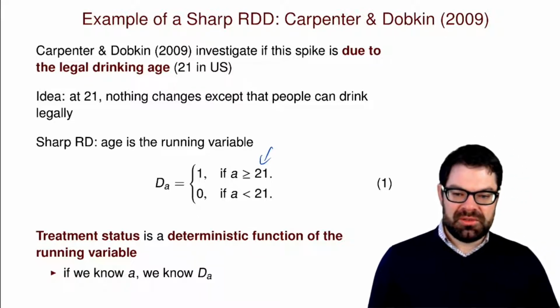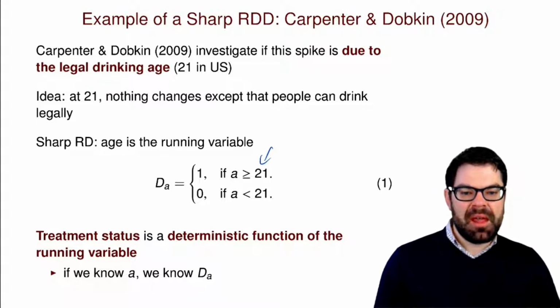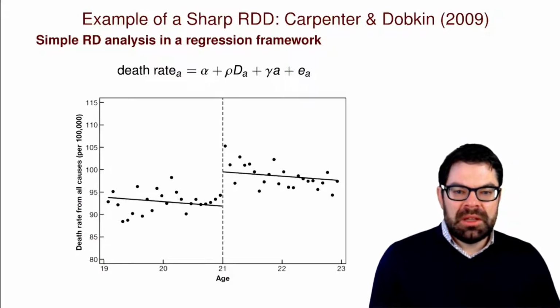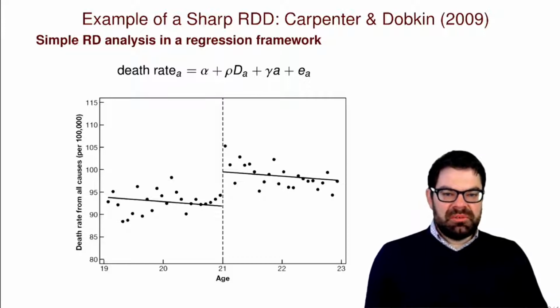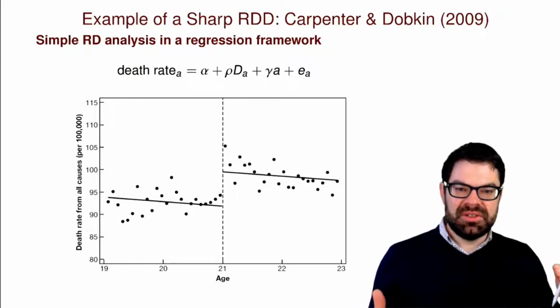Before that, you're not allowed to drink. Right? So in that case, the treatment status is a deterministic function of the running variable. So we can put this into a simple regression framework and actually estimate the jump at the discontinuity.